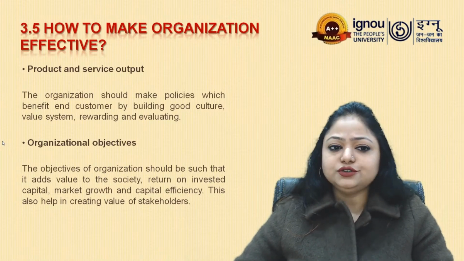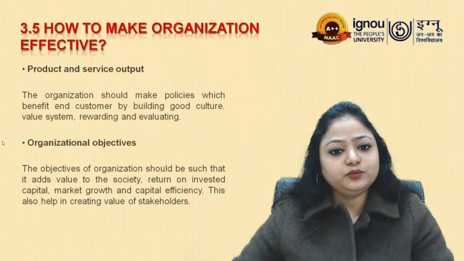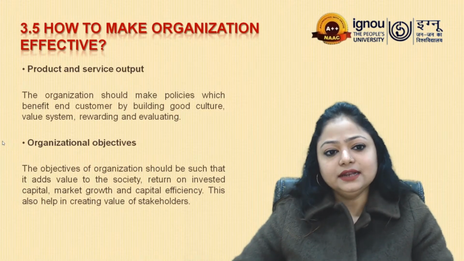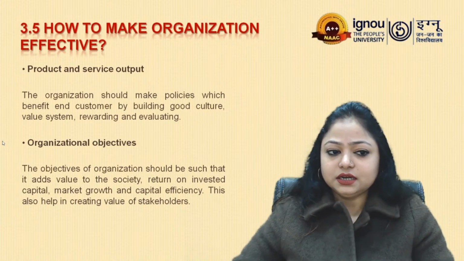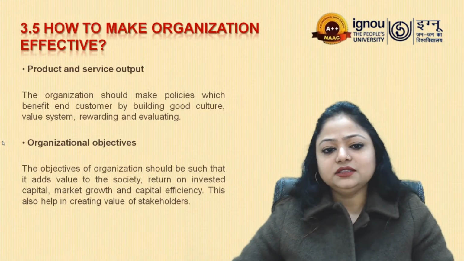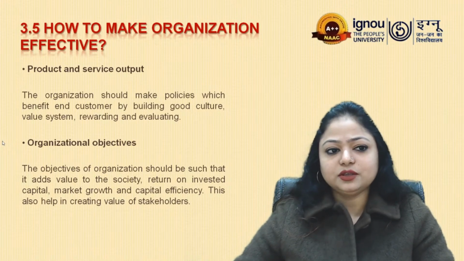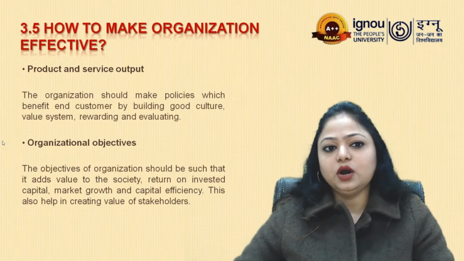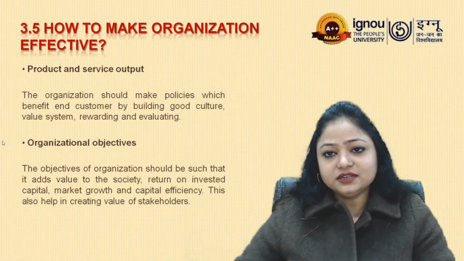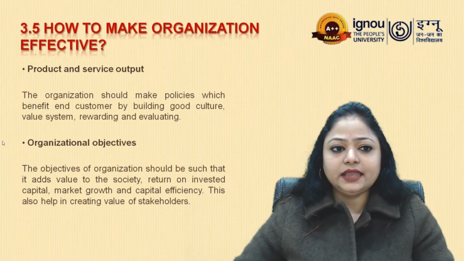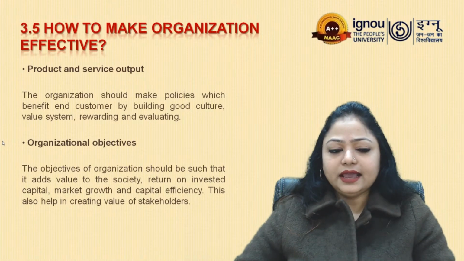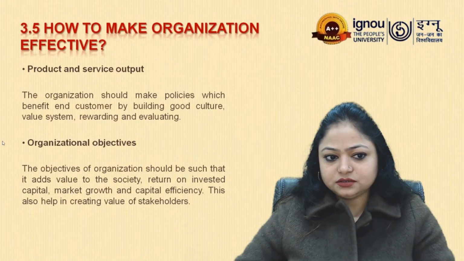So organizations should make certain policies which benefit the end customer by building a good internal culture and internal value system, rewarding the employees and evaluating their performances, and thus leading to better product and service quality. So if product and service quality are focused upon and steps are taken, then the organization could be an effective one in the long run.